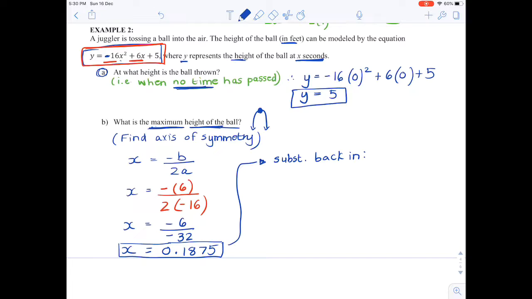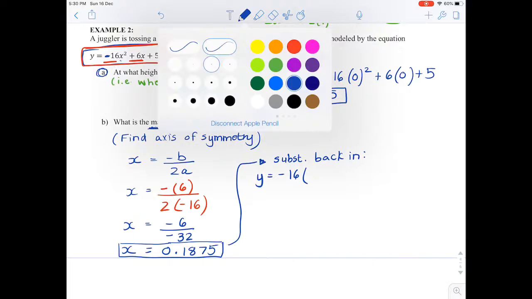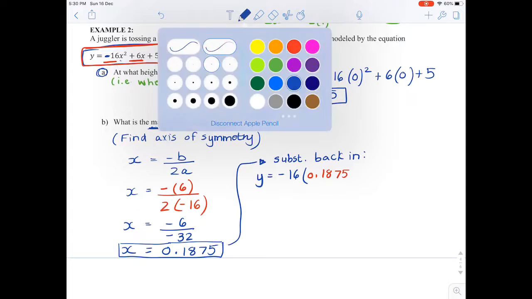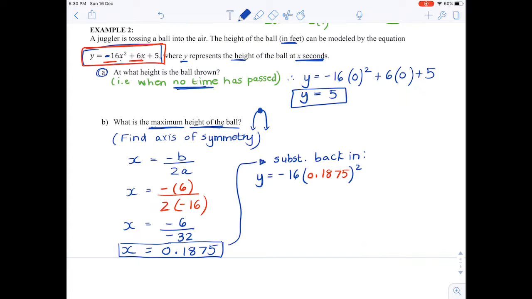That will give us, so we had y equals negative 16, and then in place of x, I'm now going to put 0.1875. So negative 16x squared plus 6 times, and now let's put the value for x in, 0.1875, close bracket, plus 5.